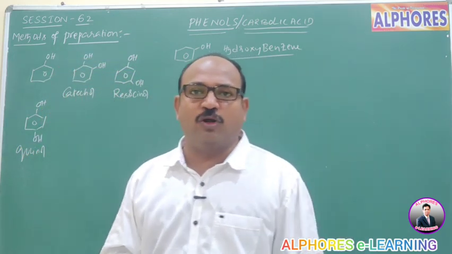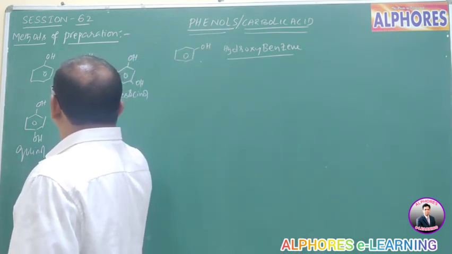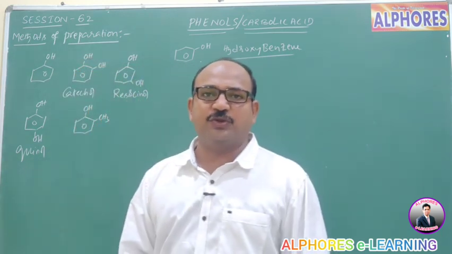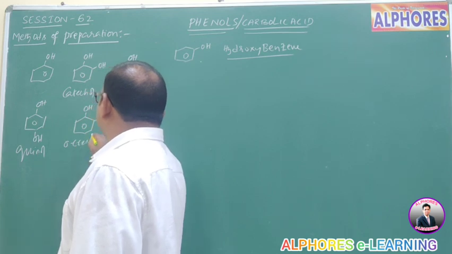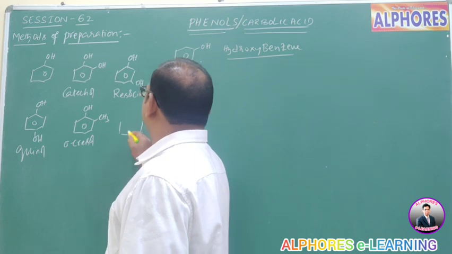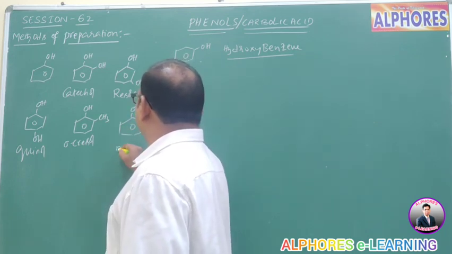Similarly, if phenol has a methyl substituent in the ortho position, we call it orthocresol. If it is in the meta position, it is metacresol.